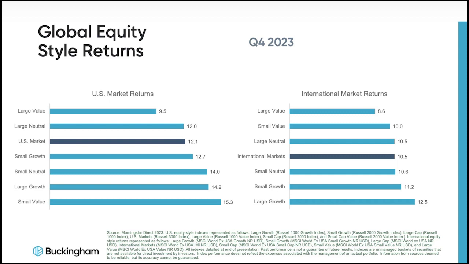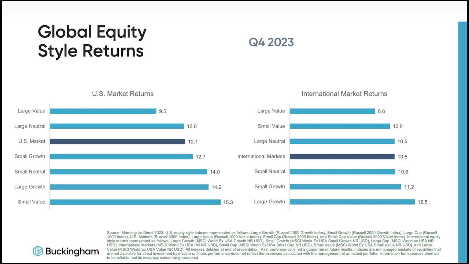The bright blue bars represent the performance of different investment styles, and the dark blue bars represent the total market performance for the region. U.S. returns are measured with the Russell indices, and international market returns are measured with the MSCI World ex-US Index Series, which represent global developed market performance excluding the U.S.